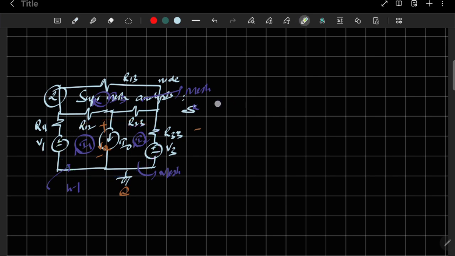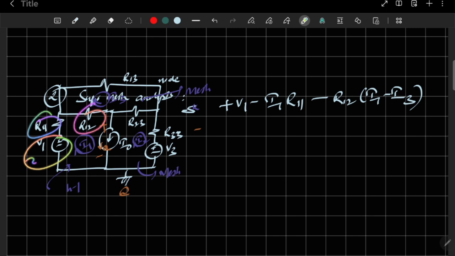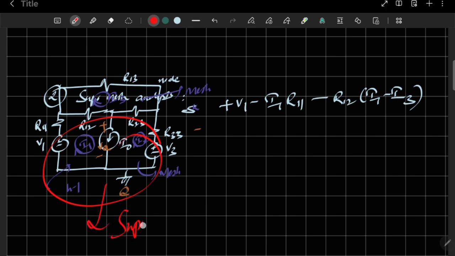You can check that one. Plus V1, minus I1 into R11, minus R12 into I1 minus I3. Then go to the R23 element. You see, I have covered V1, R11, R12. Then you go to this R23. Okay, that means we are applying it for this one. That is called super mesh. So, what is the next equation I will get?